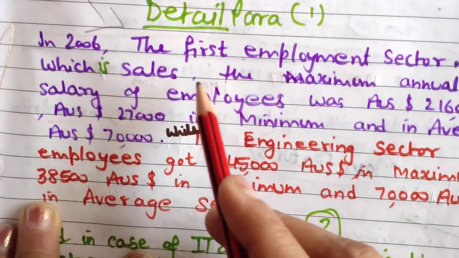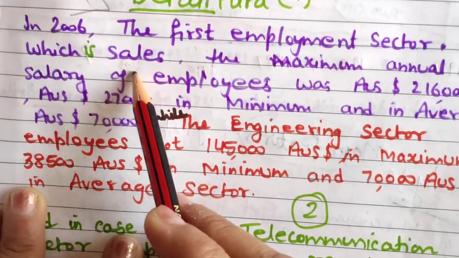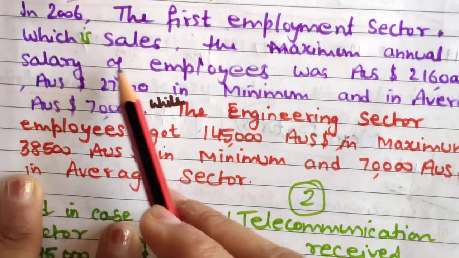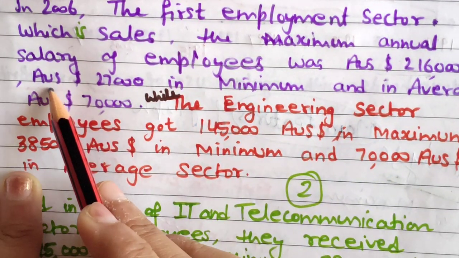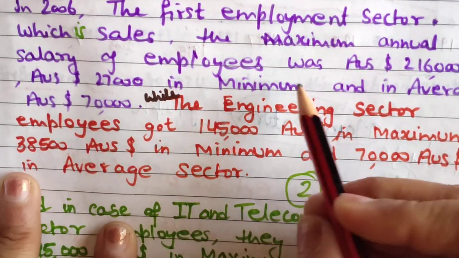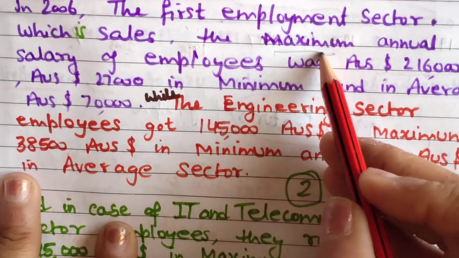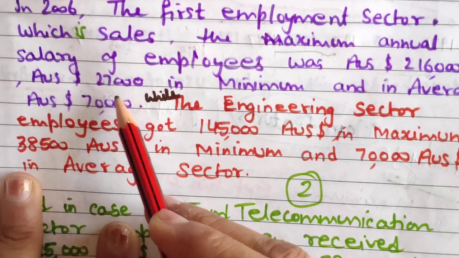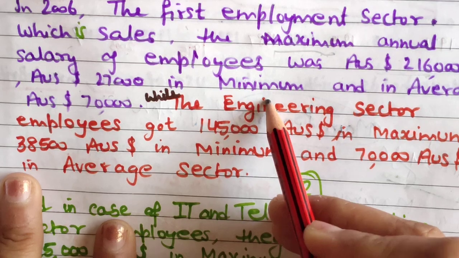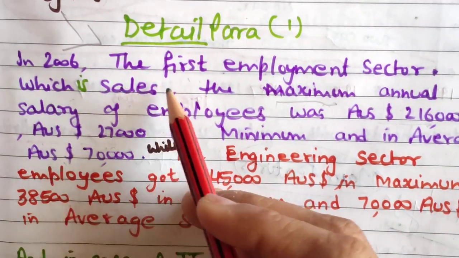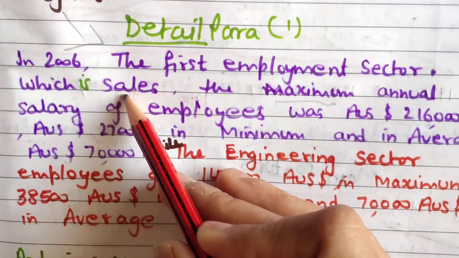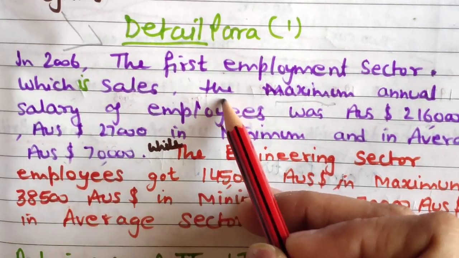In 2006, in the first employment sector, which is sales, the maximum annual salary of employees was this much, and 27,000 Australian dollars in minimum, and in average this. So I have simply written the information given about the sales sector in 3 groups.